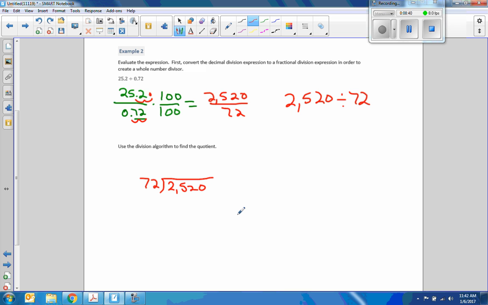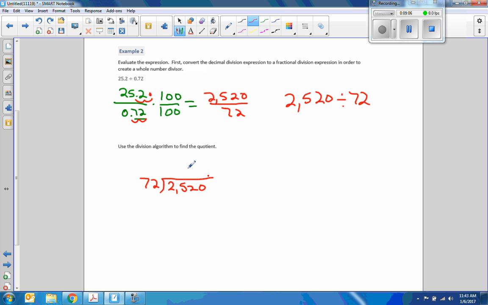So I do this, and I ask myself, 72 goes into 2,520. 72 will not go into 2. 72 will not go into 25. But 72 will go into 252. It will go 4 times maybe? 4 times 2 is 8, 7 times 4 is 28.